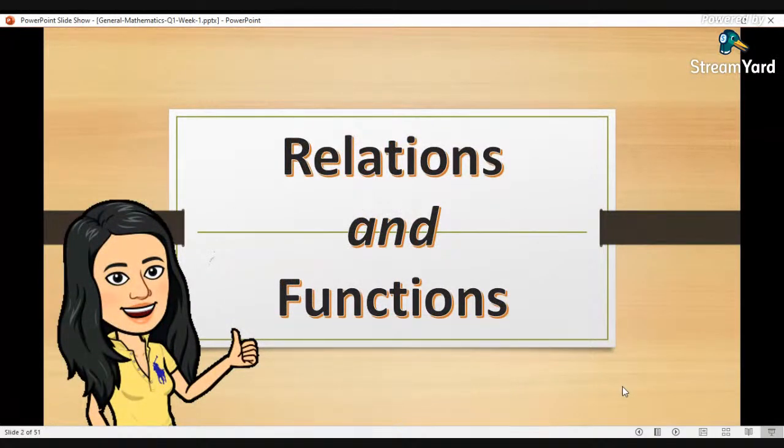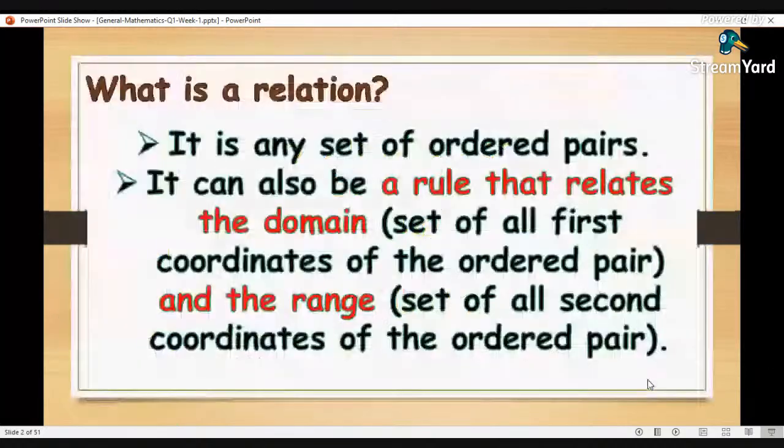Relations and functions. Please open your math pack quarter 1 week 1A, and we will discuss relations and functions. So, what is a relation? According to your module, it is any set of ordered pairs.